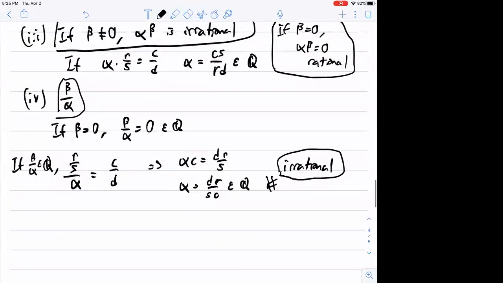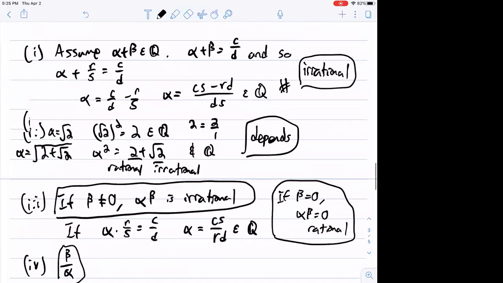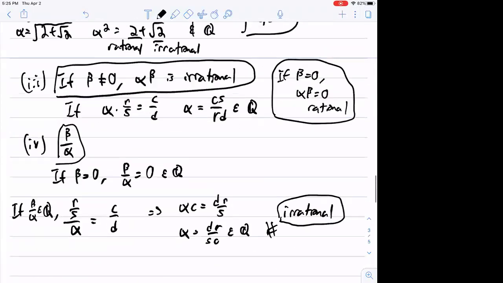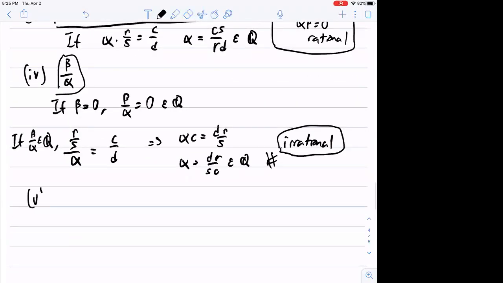Okay, so is that all? Oh, there's two more. V, square root of alpha. What about that? Would that also be irrational?